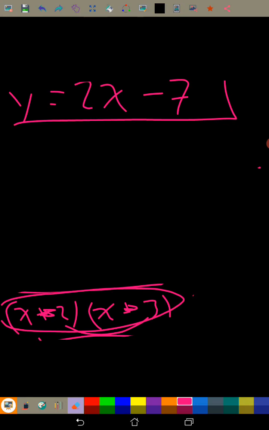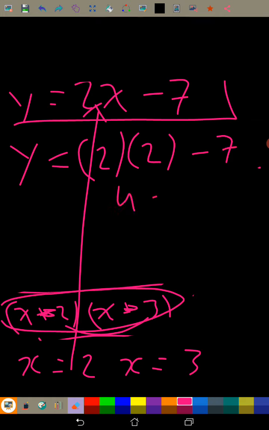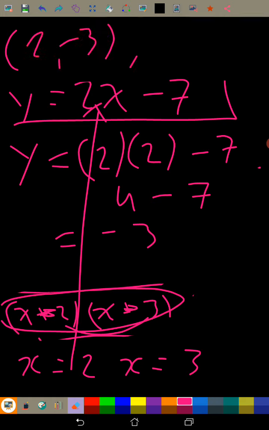So we know that x is equal to 2, x is equal to 3. So if we put this here, we'll get the y. 2 times 2, 7. This is 4 minus 7, gives you minus 3. So we have coordinate 2 minus 3, and we have the other one is right here.